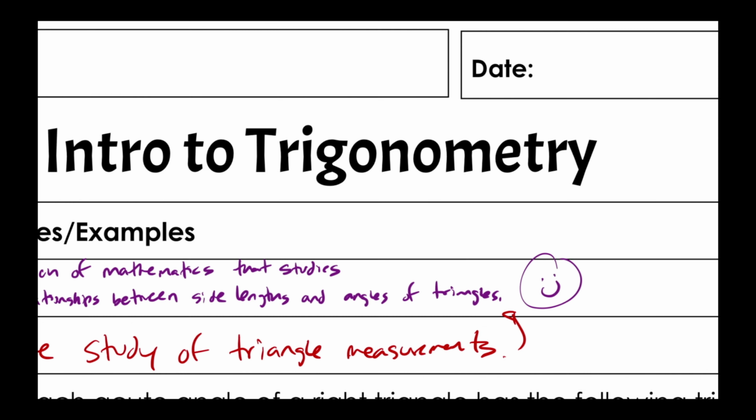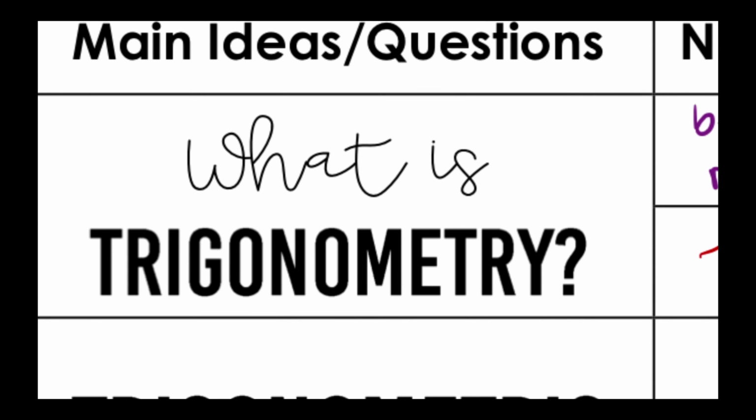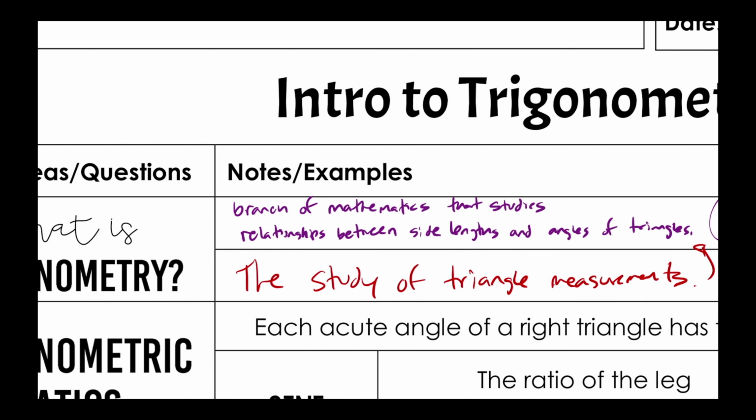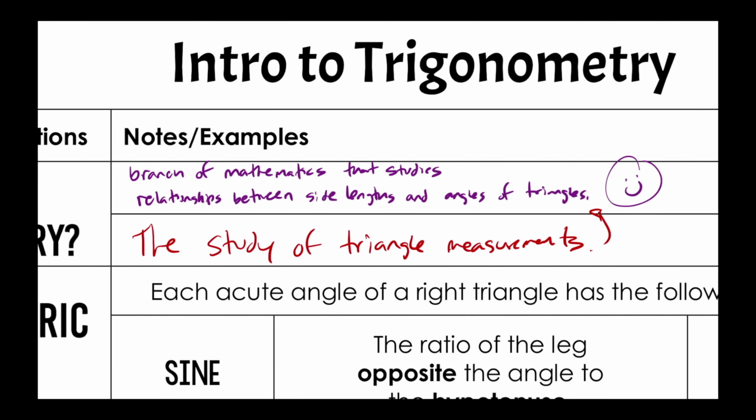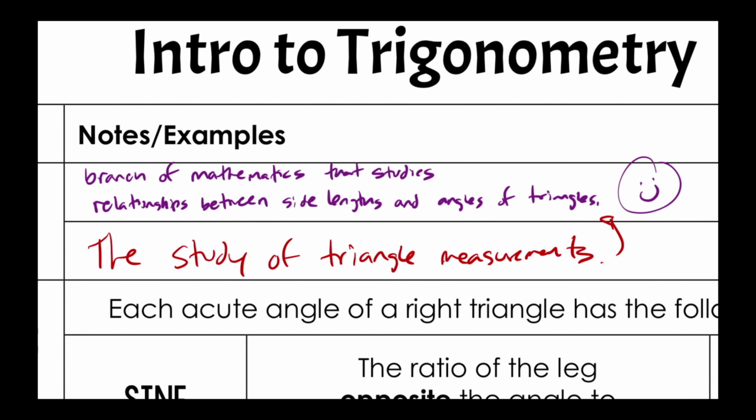All right. So yesterday we started talking about trigonometry, and then we said, what is trigonometry? And someone in the chat said, it's the branch of mathematics that studies relationships between side lengths and angles of triangles. And that just came right off the top of their head. They didn't look it up or anything.